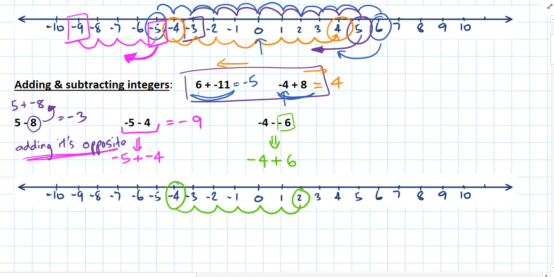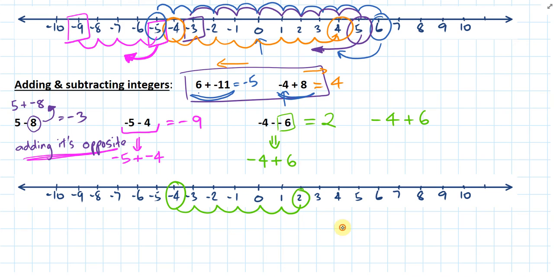Going to end up here. So that answer is 2. Now, one way that you could also think about it is if you subtract a negative number. Subtracting a negative number is the same as adding that number, or adding its opposite. Okay, so that's adding and subtracting.